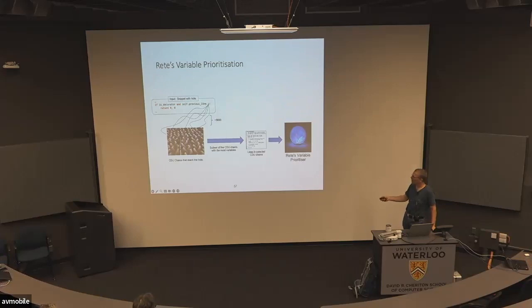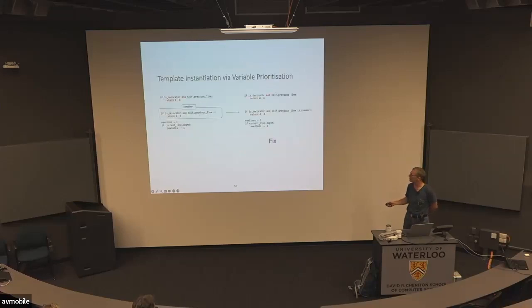So we took a subset of them, and we approximated the NP-complete problem max coverage to pick those CDU chains that covered the most different variables, and then projected them back on the source code to get a subsequence of the source code and fed that to the prioritizer.